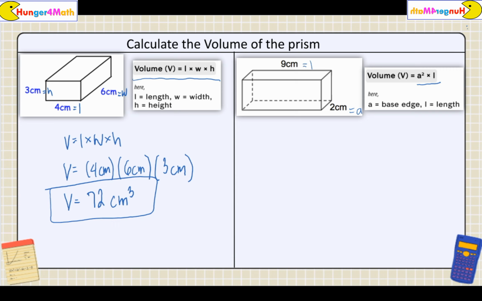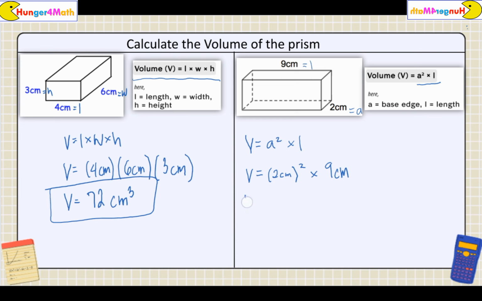Now let's copy the formula. Volume is equal to A square times the length. Then substitute. So volume is equal to 2 cm, then square, times the length of 9 cm.